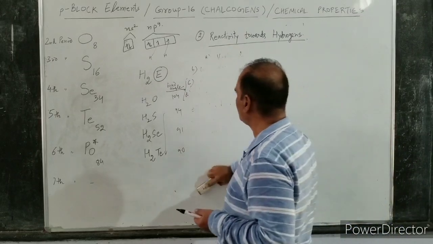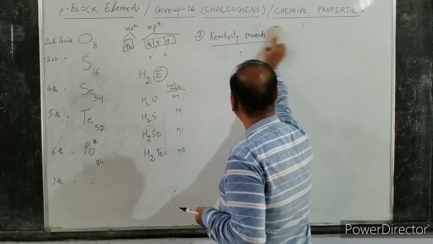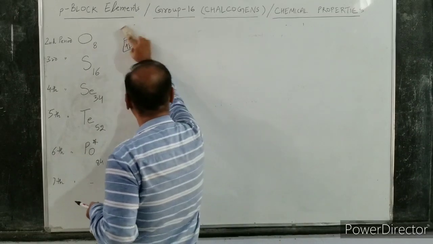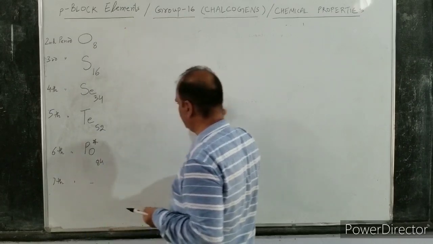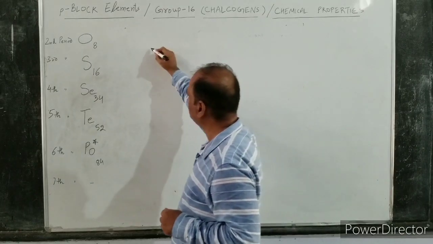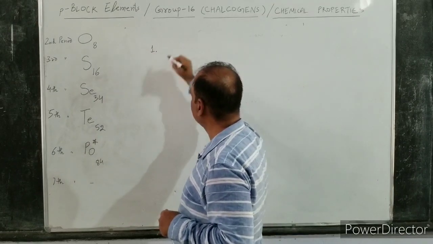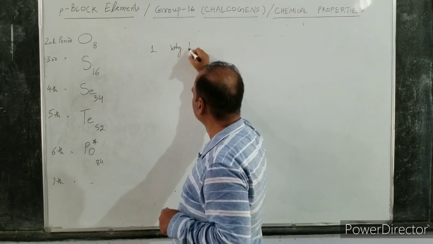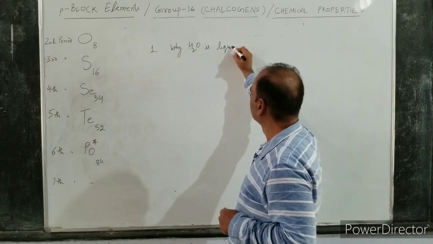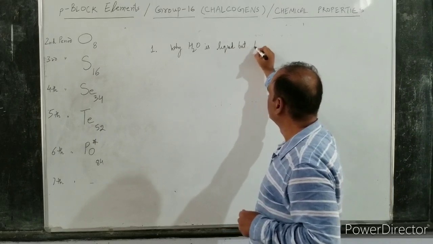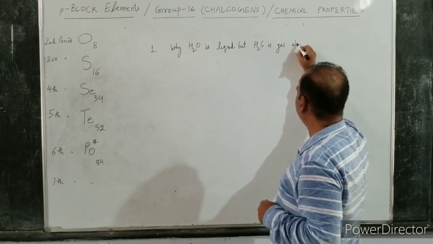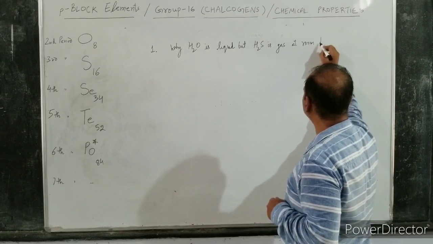Now, from these two properties, oxidation state and reactivity towards hydrogen, you can solve some questions yourself. Like a question is, why is H2O liquid but H2S is gas at room temperature?